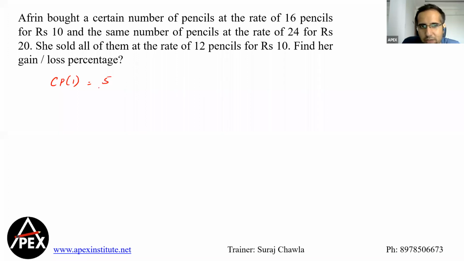10 by 16, that is 5 by 8 rupees. Okay, no? And CP of one pencil of the second lot is 20 by 24, that is again 5 by 6. Right. Now, instead of going by fractions, tell me if CP of one pencil is 5 by 8 rupees, what is CP of 8 pencils?